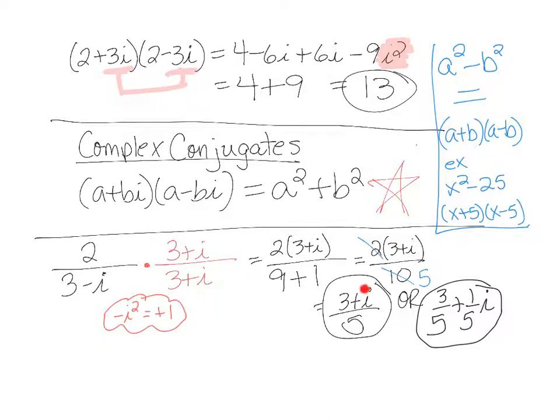I'm left with 3 plus i on the top and 5 on the bottom, and this is good enough for me in this class. But if you want to put it in standard form, you're going to take each of the pieces in the top and divide them by that number in the bottom. You see I've got 3/5 plus 1/5 i. This is standard form. This is acceptable and actually easier to see.